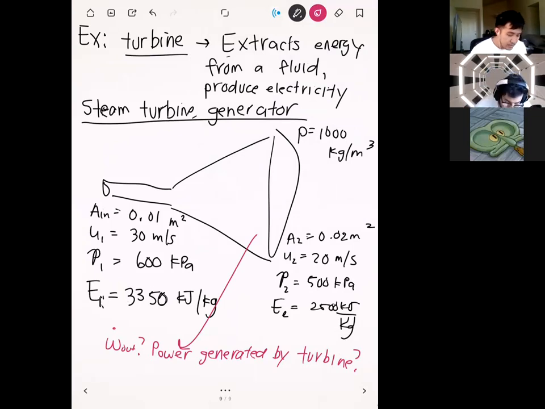In addition, we're going to assume that we're under steady conditions, adiabatic, and that there's no height change between the inlet and the outlet. Those are our assumptions. And then just like we always do, we're going to draw our control volume with the dotted lines. All right. Any questions on the problem setup?